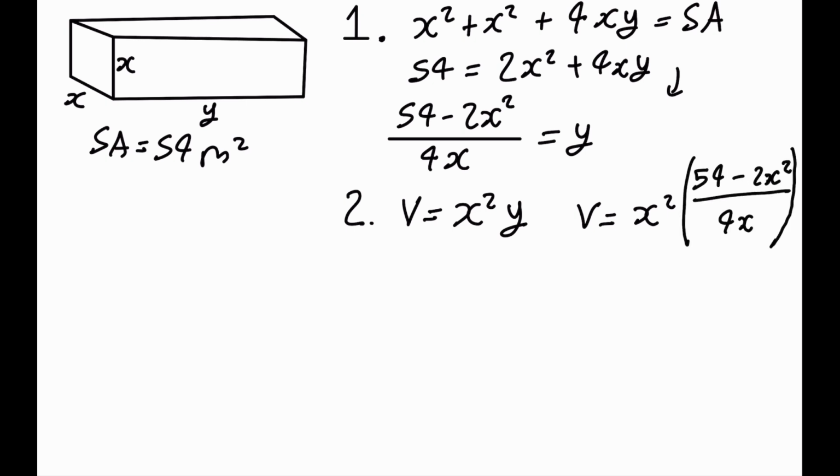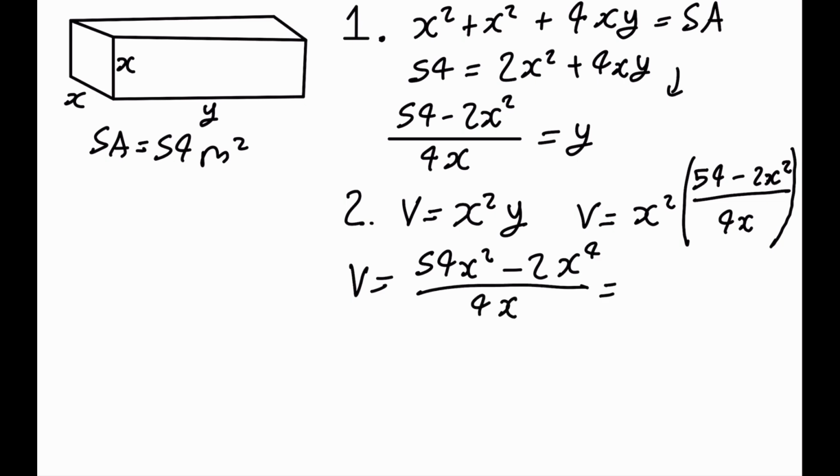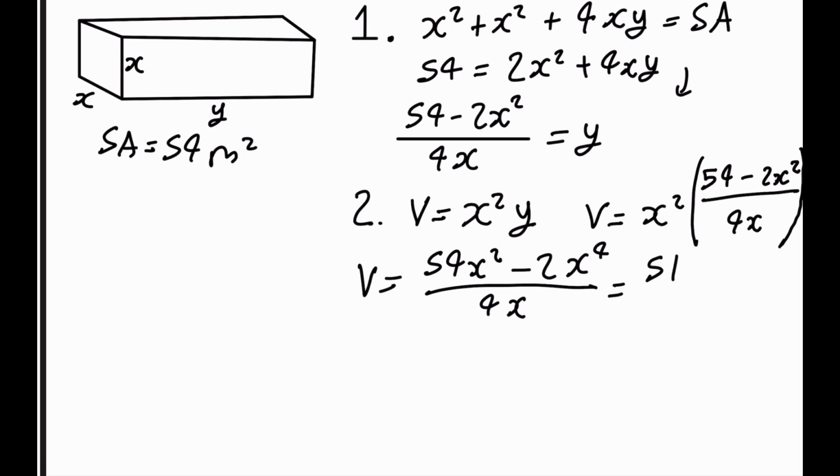And if you expand this out slowly, we'll get 54x squared at the top minus 2x to the power 4 all over 4x, which we can rearrange to get 54 over 4x minus 1 over 2 x cubed.